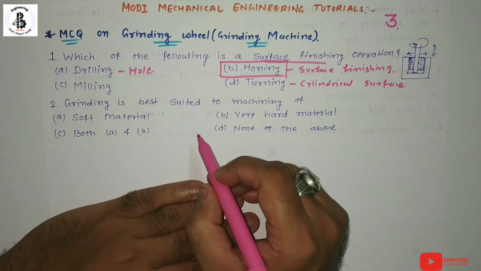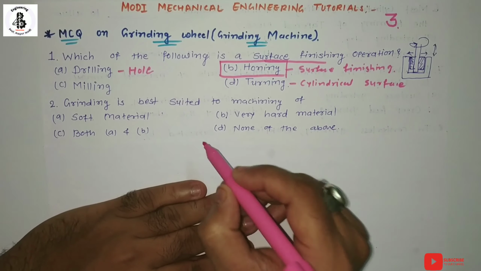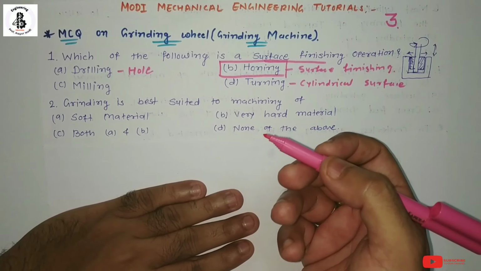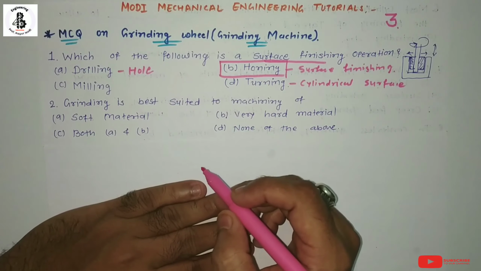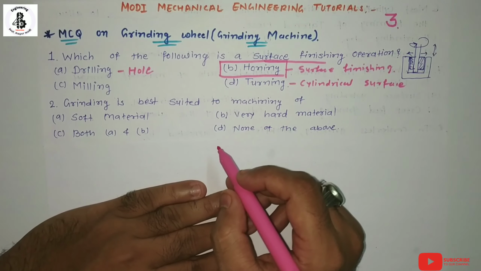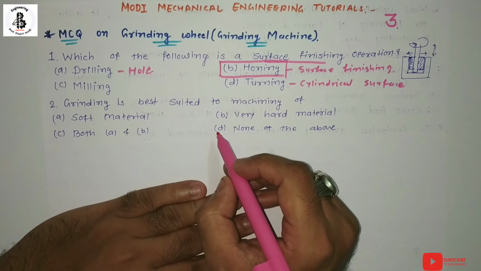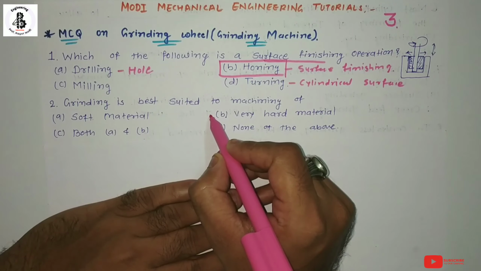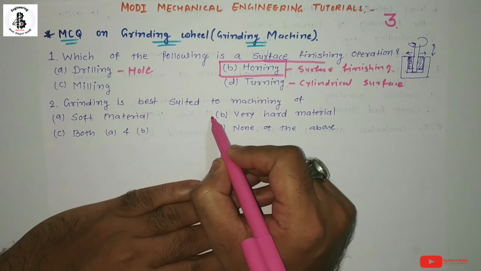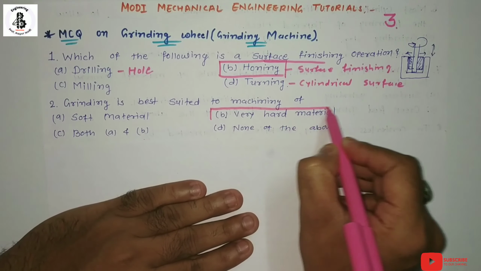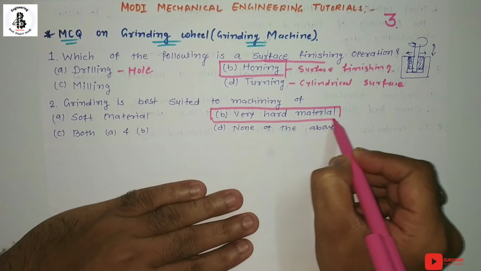In the case of soft materials, the material gets deposited onto the grinding wheel, so it is difficult to convert it into finished products. Hard or brittle materials easily convert into powder form, so you can easily remove the material. So the answer is option B, very hard materials.